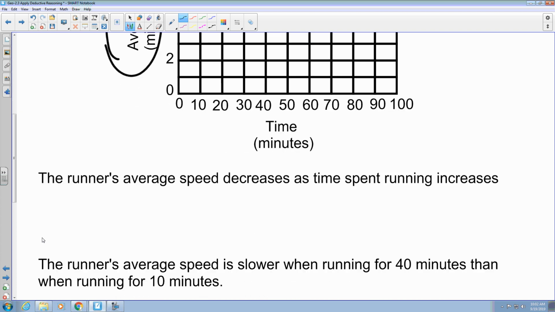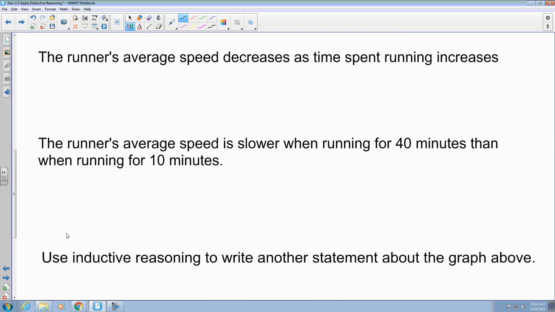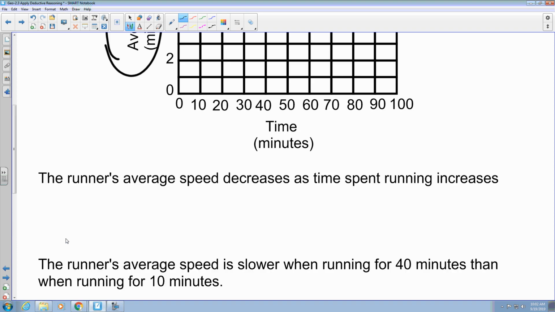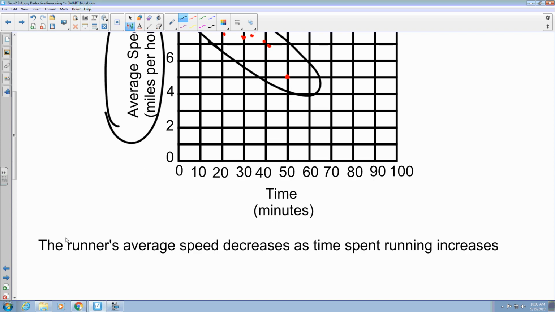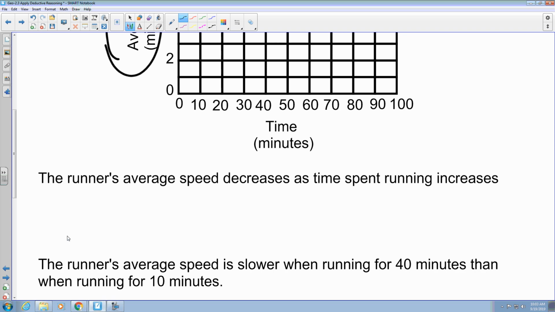So, first question, it says the runner's average speed decreases as time spent running increases. That is correct. If you look at this, it seems to go down as the amount of time increases. It is something that we observed.